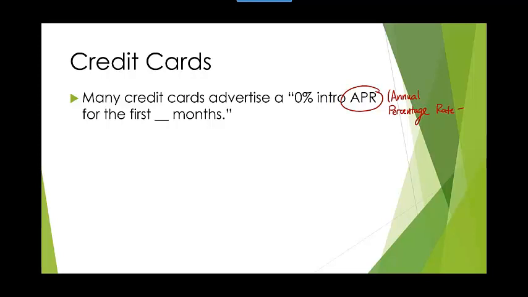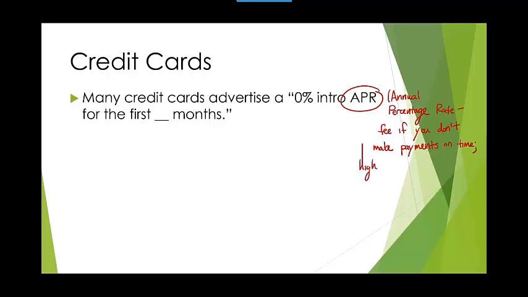And basically what this is, is a fee if you don't make payments on time. So if you don't pay your credit card bill in full at the time that it is due, then you get charged a fee. And the fee is based on your APR.